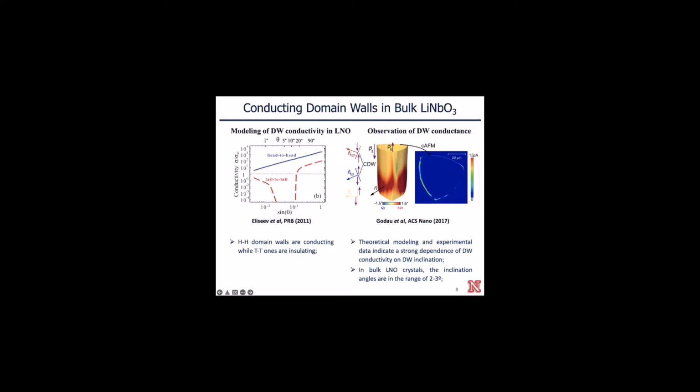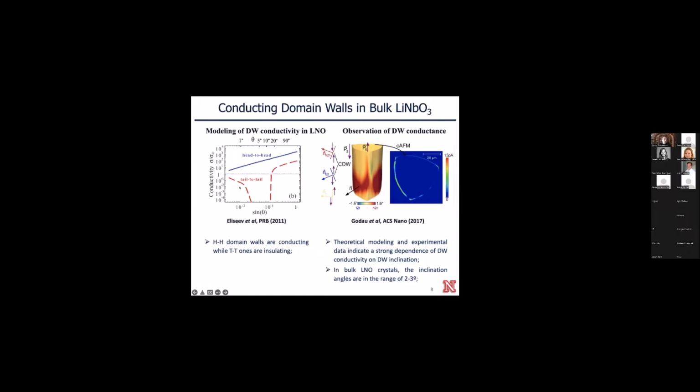And it has been shown that the inclination angle can be increased by an applied voltage, leading to domain wall conductivity that could be enhanced by several orders of magnitude. Here you can see that the larger the angle between the domain wall and the polar axis, the more the conductance changes. And it's true only for the head-to-head domain wall, while the tail-to-tail domain walls are actually insulating.